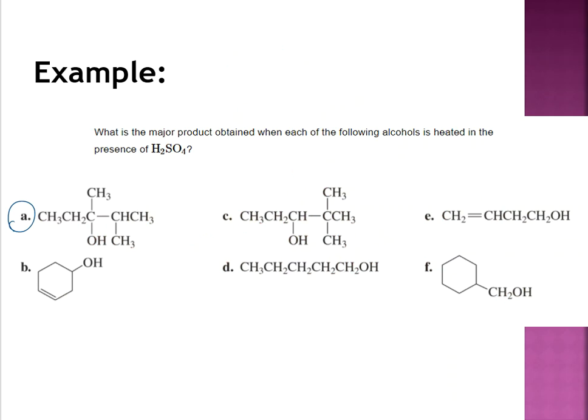Now, what would be this alcohol's name? 1, 2, 3, 4, 5. So this is a pentane. Drop the E, add OL for alcohol. A number closest to the end that has the OH. And folks, no matter which way I go, 3 in from the left or 3 in from the right, it's going to be a 3-pentanol no matter what. So this 3-pentanol has some other groups with it.